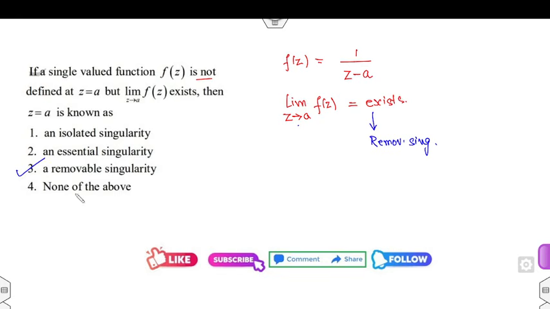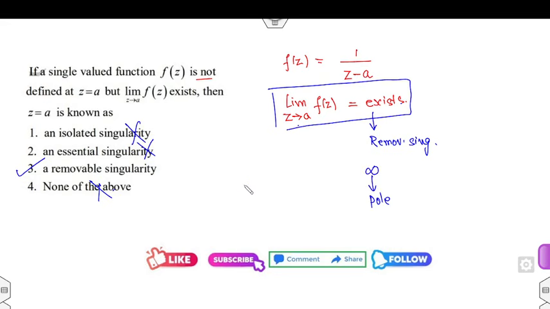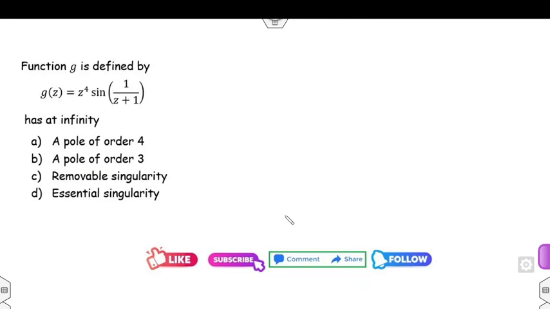So then it's a removable singularity, essential, and none of these are my answer. Throughout the video I will always use this concept: limit exists, removable; limit infinity, we call it a pole; if the limit does not exist, we call it the essential singularity. You can solve any kind of singularity problem with this concept.